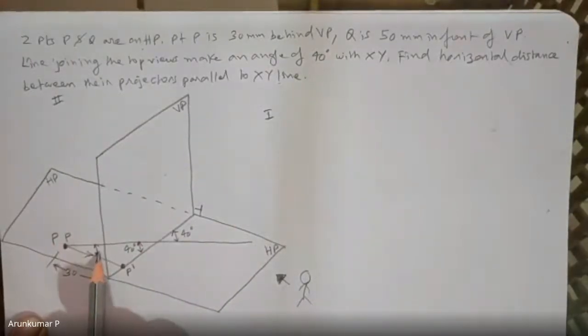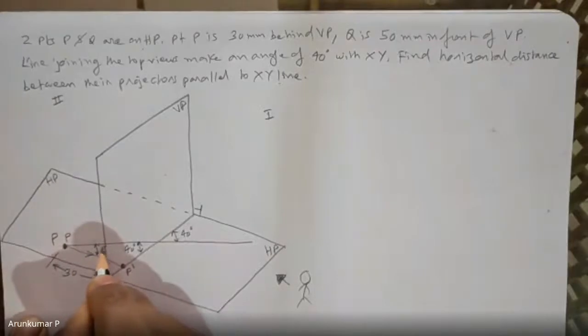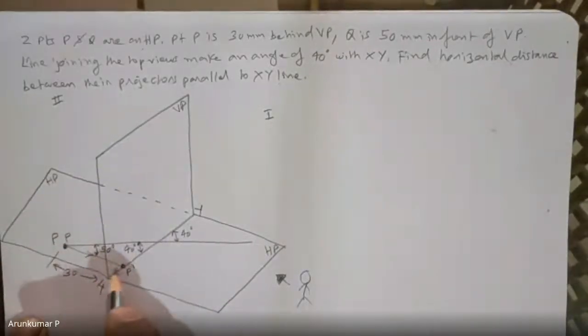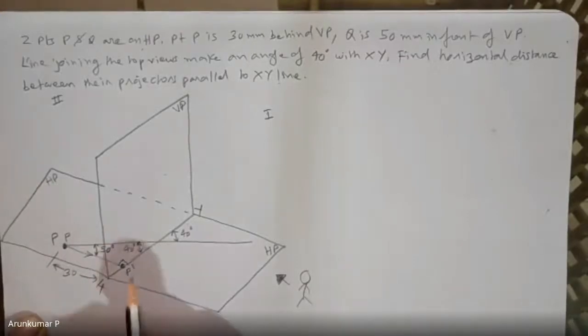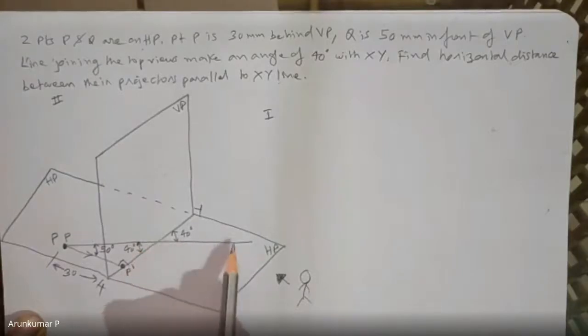What is this angle? 50. Exactly, 50 degrees. Why? Because this is 90 degrees. So 90 plus 40 plus 50, 180 degrees. So from point P, if you draw a line at 50 degrees, then when the line intersects the XY line, it will be at 40 degrees.